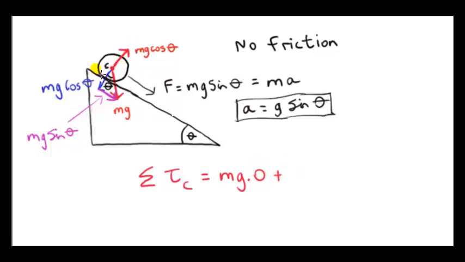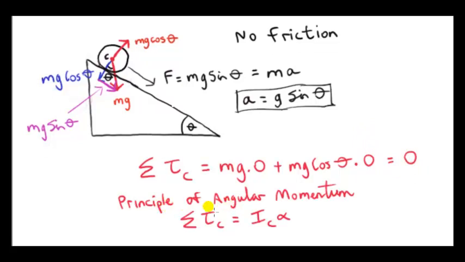But the normal force acts perpendicular to the surface of contact, so that means that its line of action passes through the center. So the torque due to the normal force is the magnitude of the normal force multiplied by the perpendicular distance of the center to its line of action, which is 0. So we just get 0 for that.